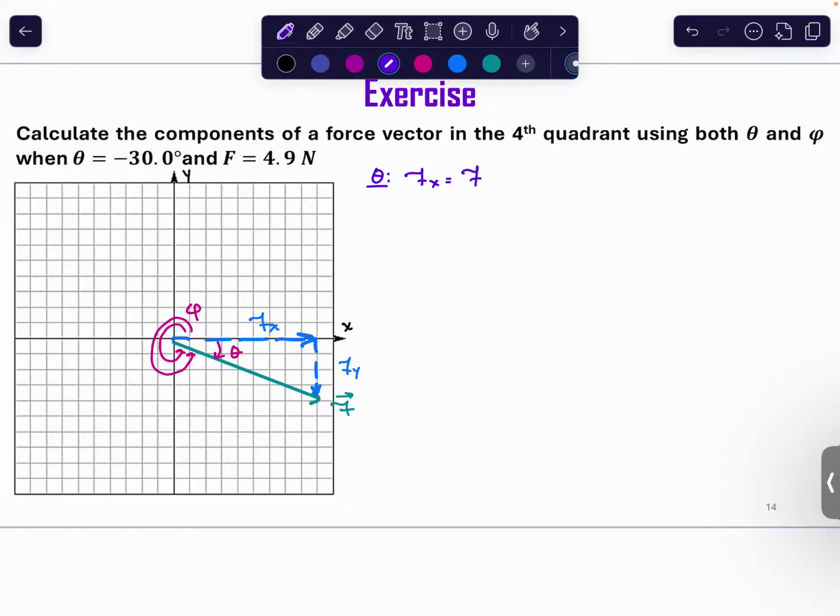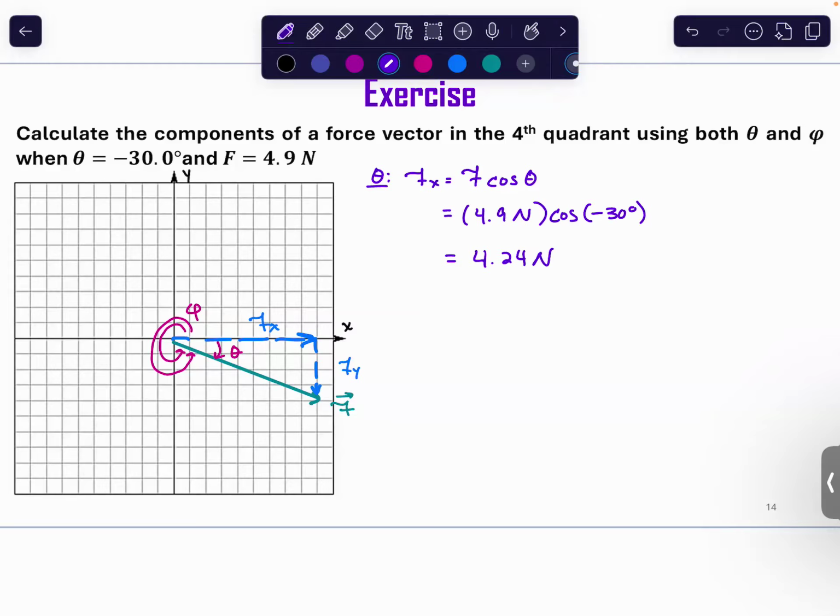Need the magnitude of the force vector. Which trig function are we going to use for x? Cosine. So I'm just going to go ahead and put the negative 30 in there because it's in the problem. I'm going to get 4.24 newtons.